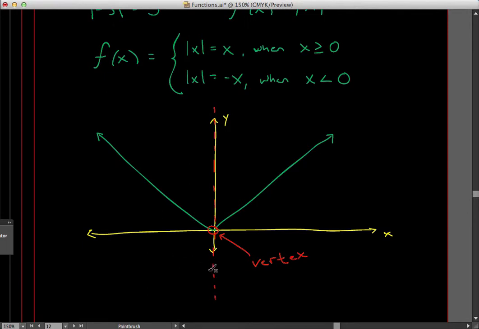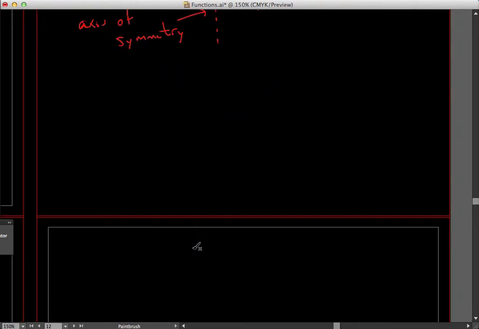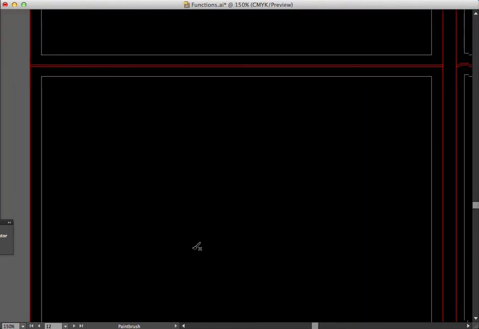And this is called the axis of symmetry. Okay, so that is the general function for the simple absolute value function.